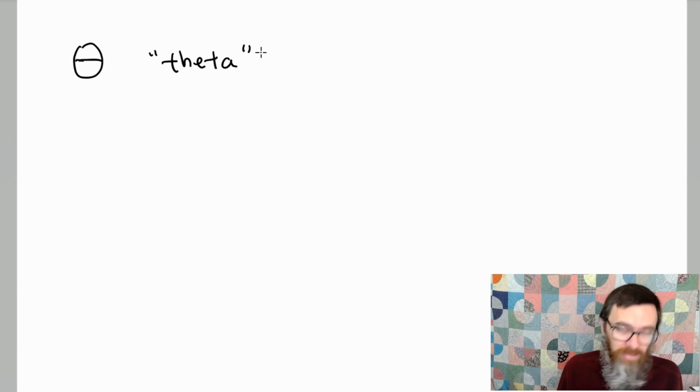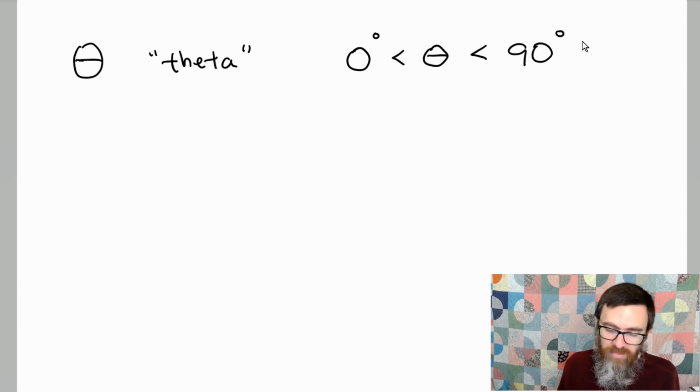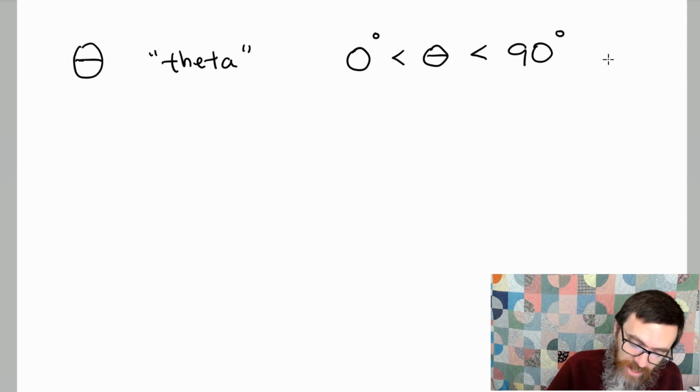So if you have a measure that is in between 0 and 90 degrees, using theta as our angle measure, then we have what's called an acute angle.